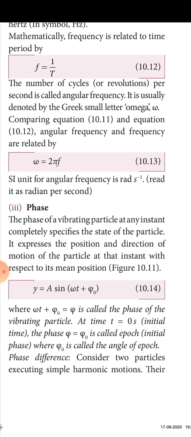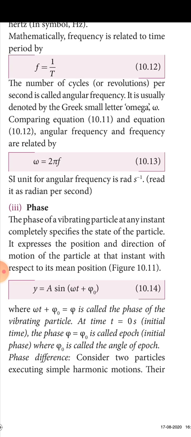And next, phase. The phase of a vibrating particle at any instant completely specifies the state of the particle. It expresses the position and direction of motion of the particle at that instant with respect to the mean position. y equal to a sin of omega t plus phi naught, where omega t plus phi naught is phi, called the phase of the vibrating particle.